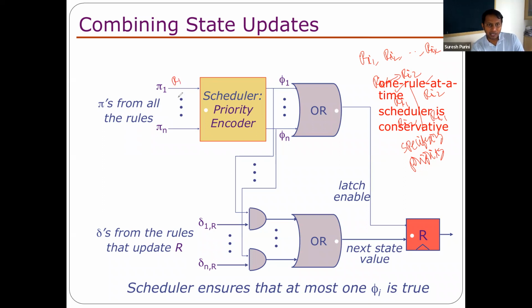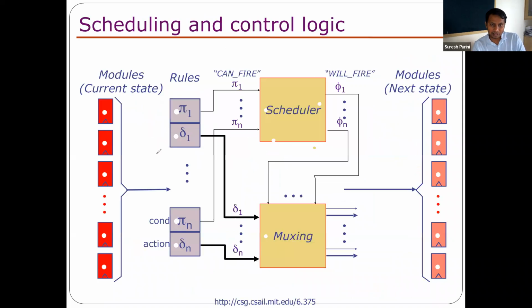For example, if R1 and R2 can both fire, but R1 has higher priority, the priority encoder enables Phi1 but disables Phi2. Phi2 corresponds to R2 firing. I'm not getting into the details, but just trying to give a high level picture. At some point, we can revisit this and understand down to the details. But we don't need to understand the details of the rule scheduler.